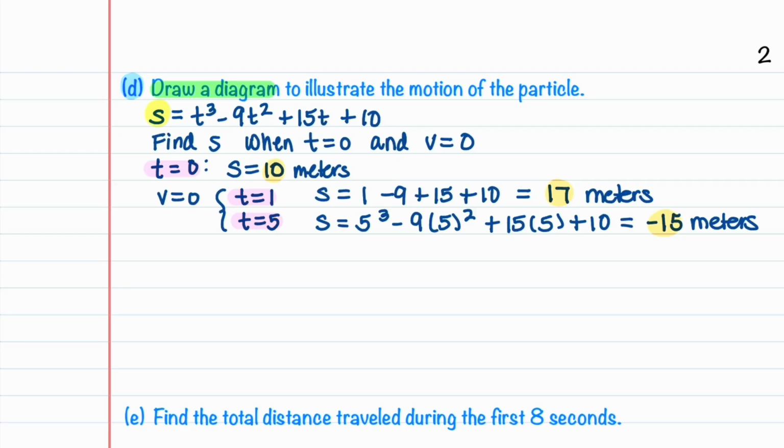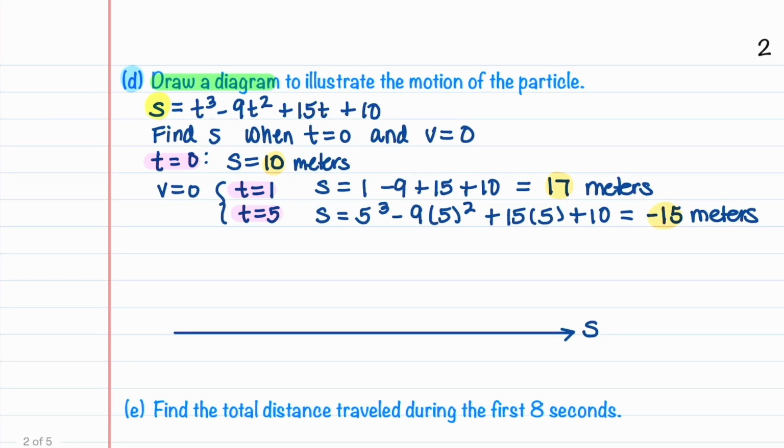Since this diagram illustrates the motion of our particle, we're going to have a number line here, and this is going to be in terms of our position s. The position numbers I highlighted in orange, so we need to put in minus 15, we need to put in 10. This is not really going to be to scale.